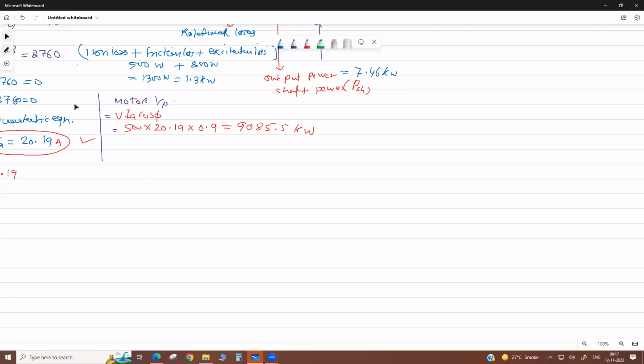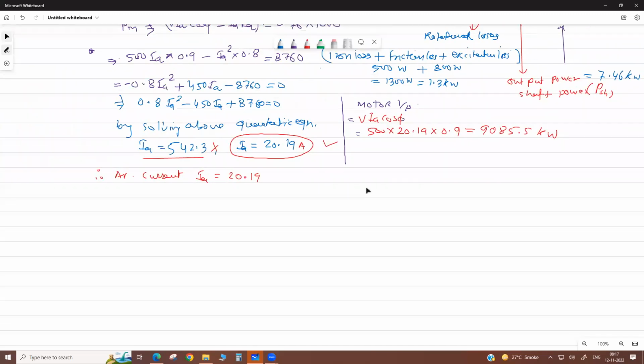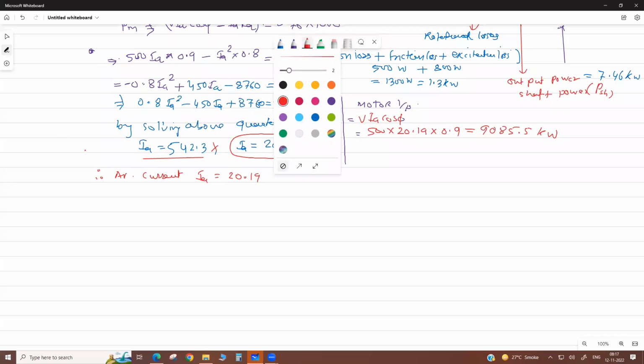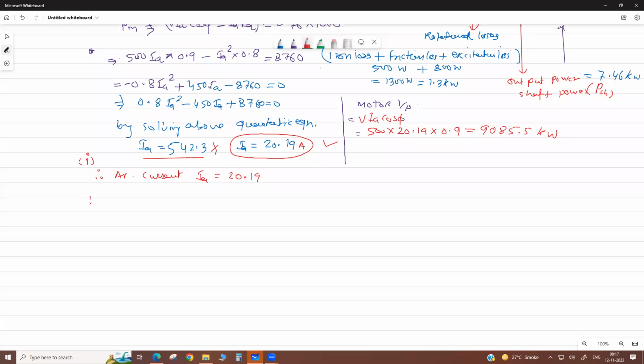So here there are two parts to this question. The first part is asking armature current. The second part is asking commercial efficiency. Hence it is output by input into 100. The motor output is 7460 divided by input, which is 9085.5.